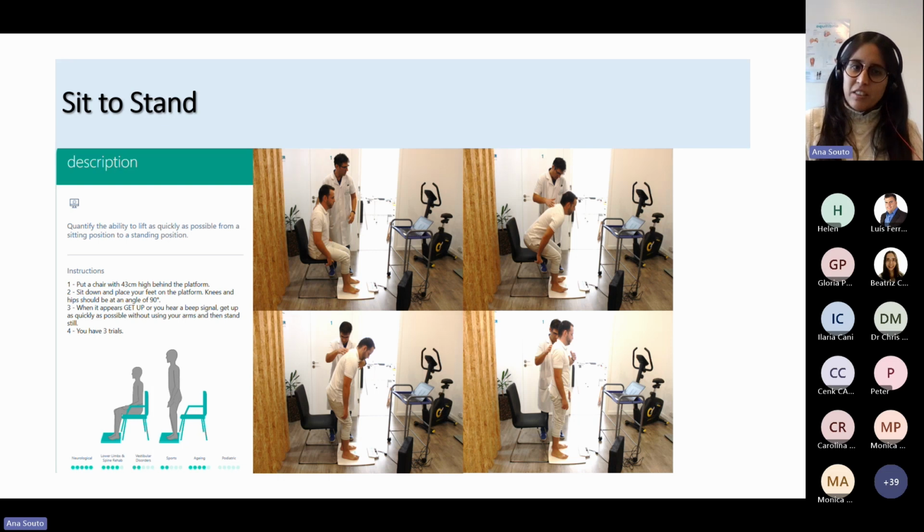As you can see in the pictures, the plate is placed in front of the chair, and when the command "get up" appears on the screen and a beep signal goes off, the patient has to stand up as quickly as possible without using his arms. Here I think my colleague Andre is using his arms, so he's doing it incorrectly.